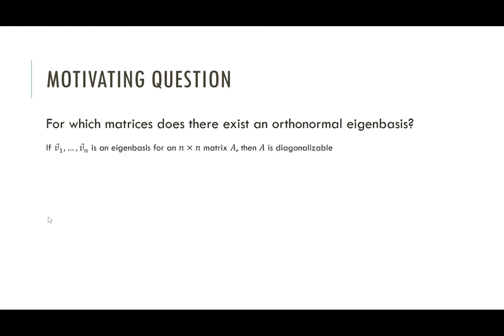Well, first, let's just note that if you have an eigenbasis for an n by n matrix A, then recall this means that A is diagonalizable, where S inverse A S is a diagonal matrix B with the eigenvalues lambda 1 through lambda n, up to multiplicity, since there could be repeated eigenvalues.